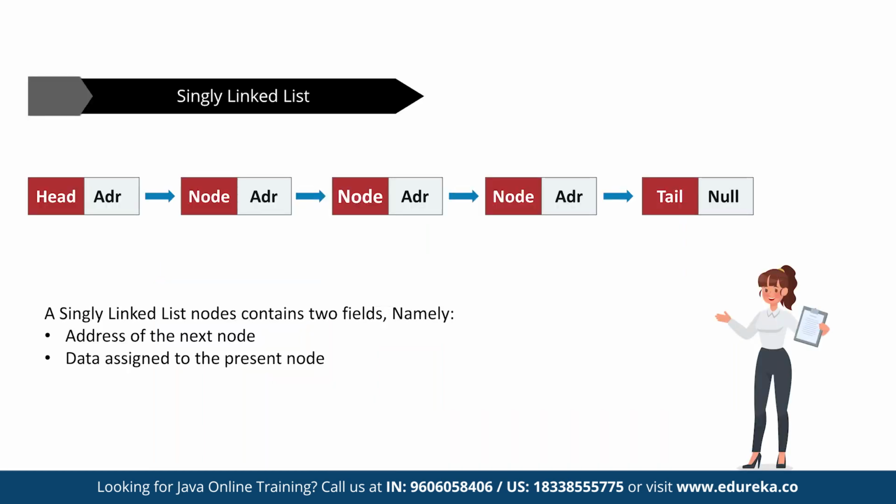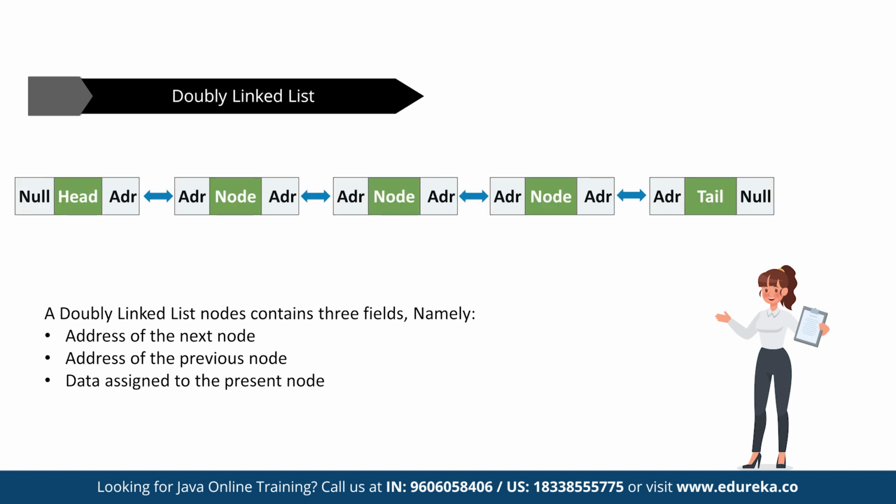If we talk about the singly linked list here, basically we are going to have one head, and then multiple nodes attached, with the last value as null. A singly linked list simply contains two fields: the address of the next node and the data assigned to the present node itself.